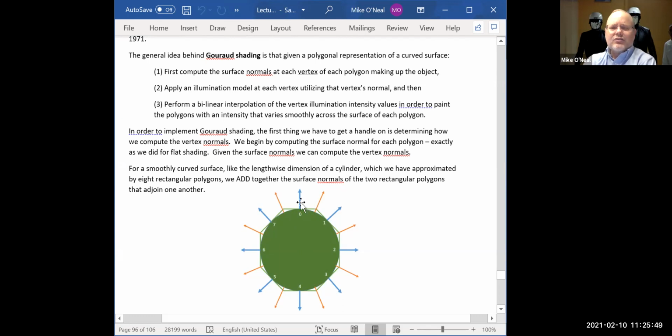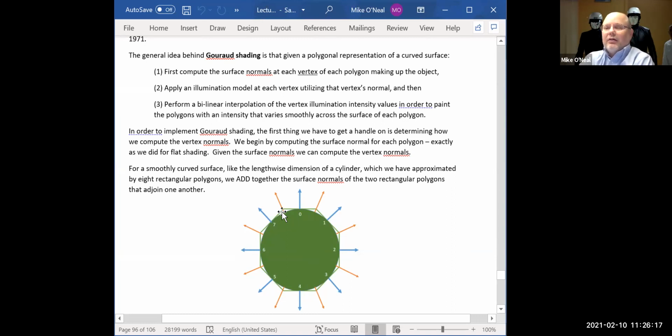And I can get this vertex normal by adding this normal to this normal, and I can get this vertex normal by adding this normal to this normal, and so on. I can get them all. Okay? You might say, well, big whoop. In flat shading, you had one surface normal per polygon, and now you're going to have one surface normal per vertex.